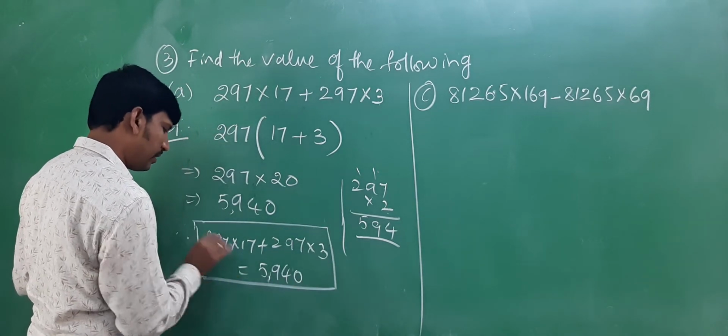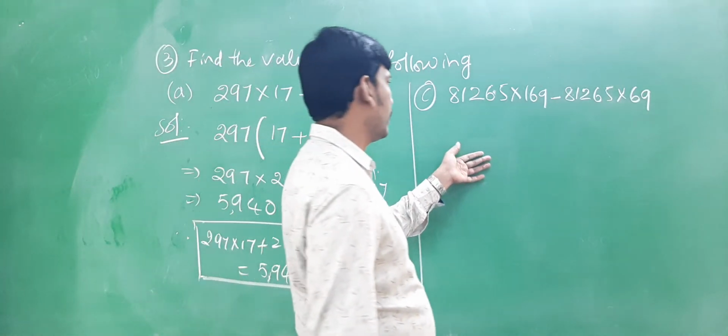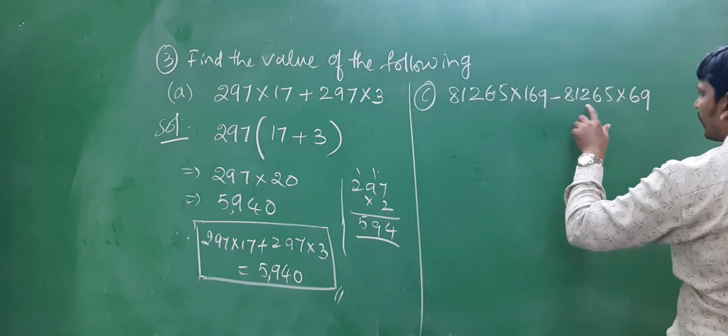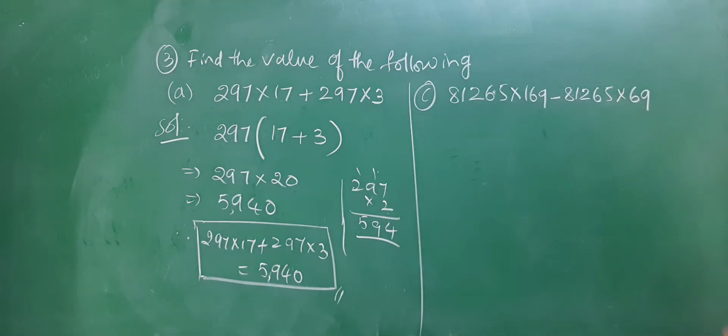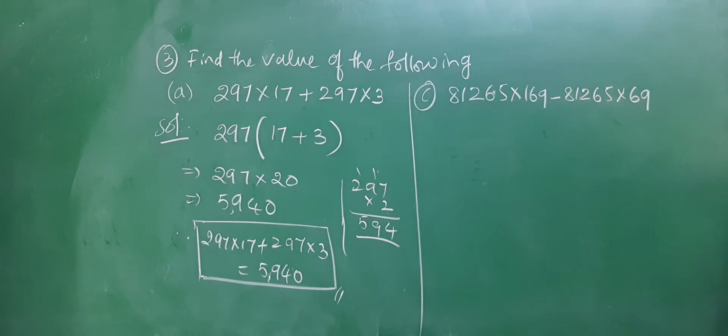Clear, children? Now, coming to the C bit, this also we will discuss. 81,265 into 169 minus 81,265 into 69. Okay? Here 81,265, here also 81,265.